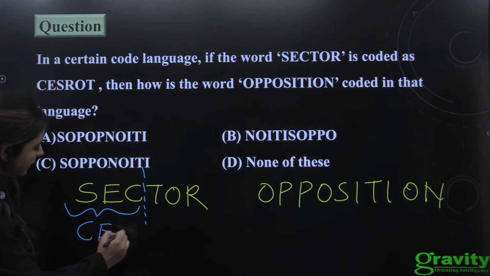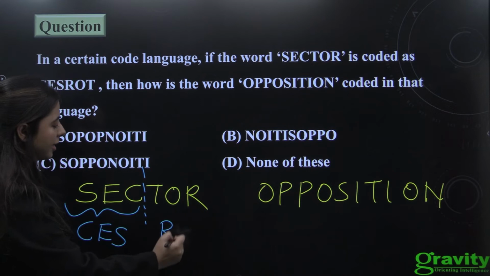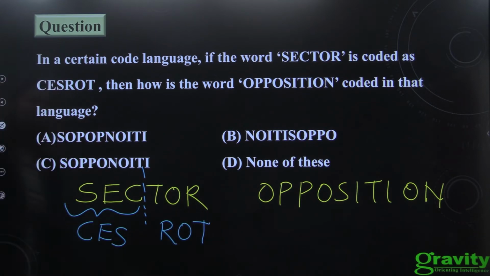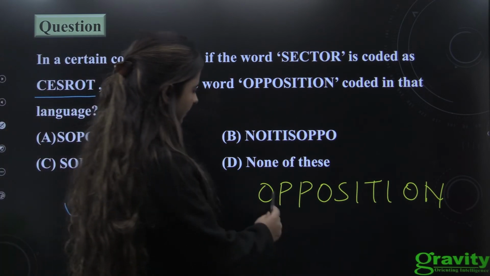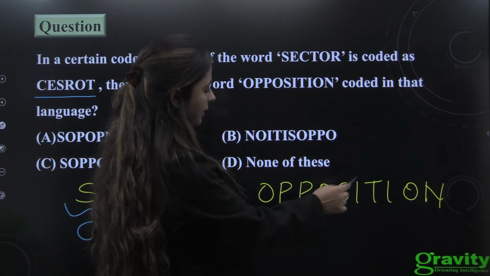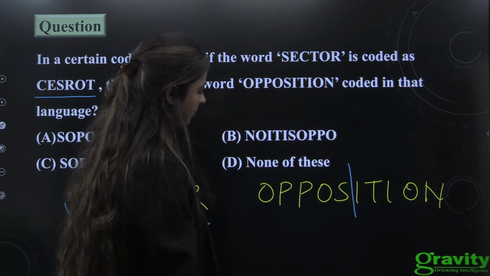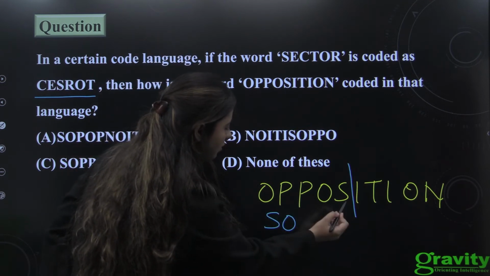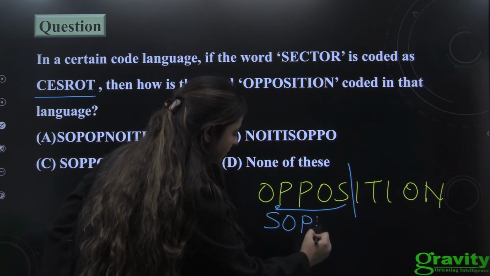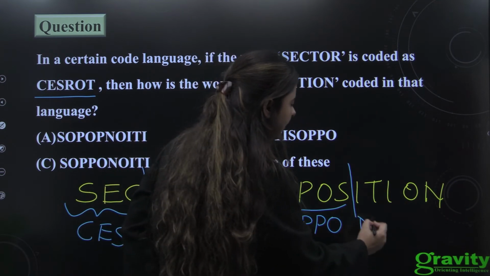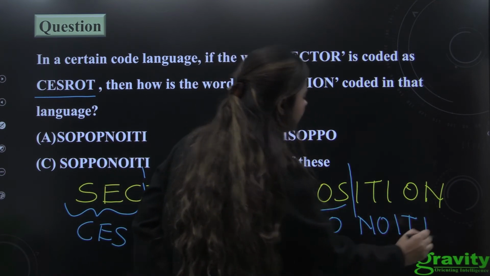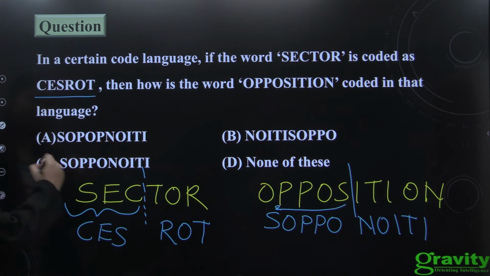C, E, S, R, O, T. Similarly here, it's 10 letters long. S, O, P, P, O, and then N, O, I, T, I. Option C.